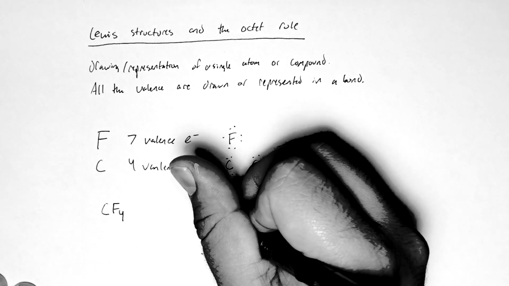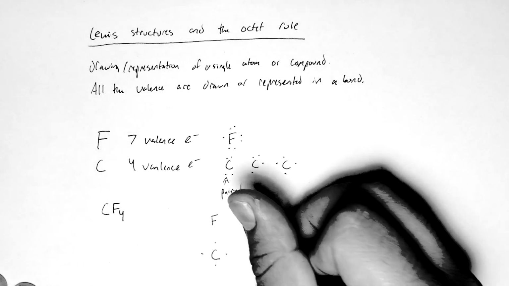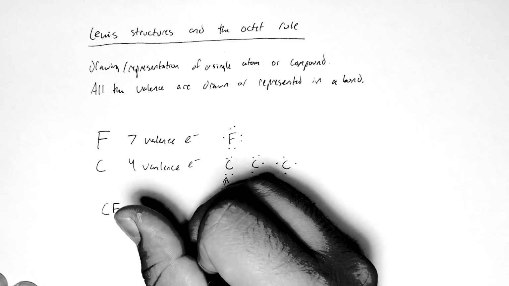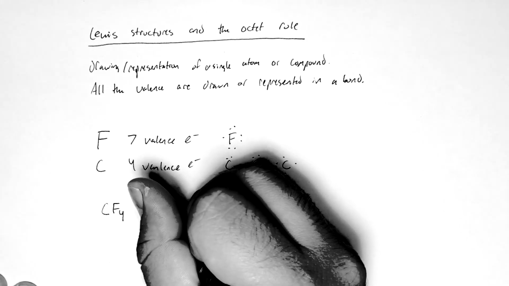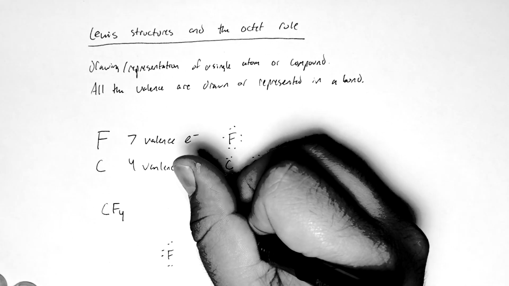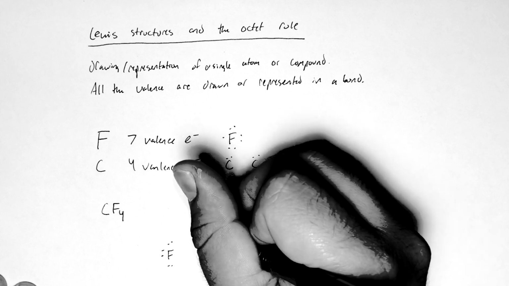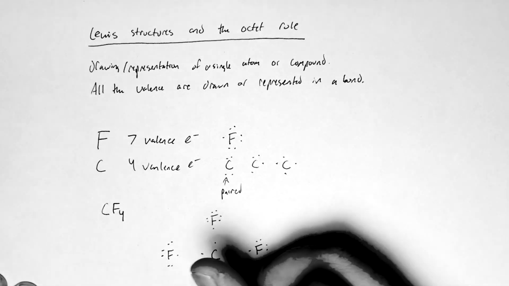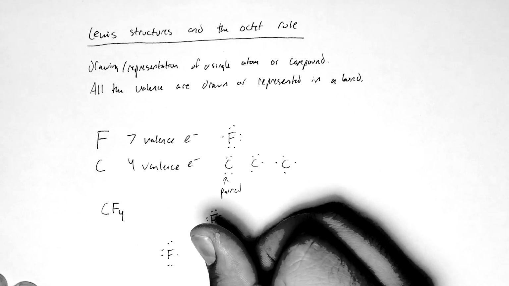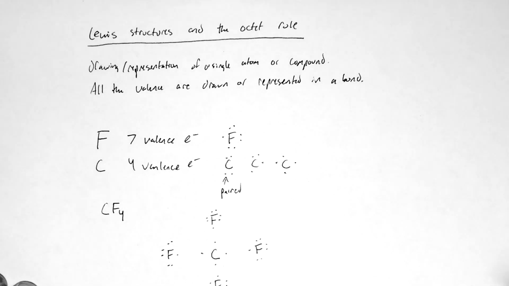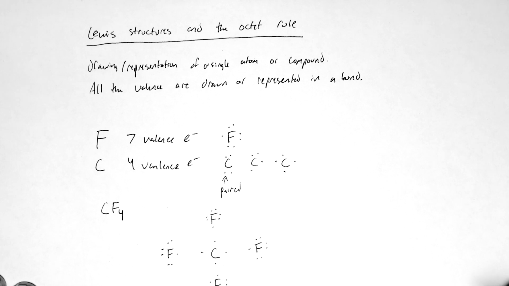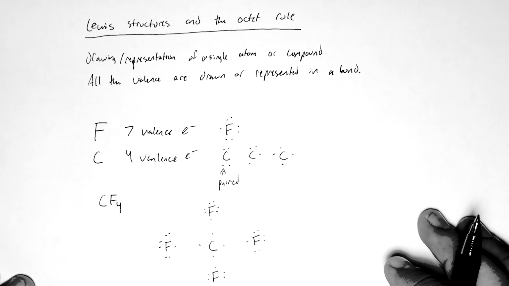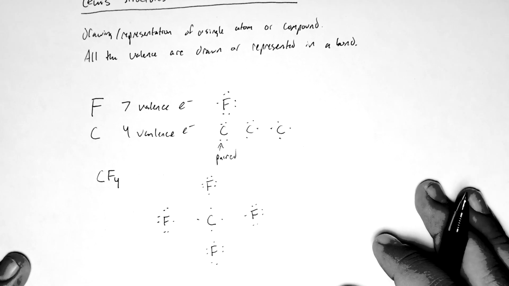Now, let's draw fluorine. 4 fluorines. Alright, so this is how you could be drawing your fluorine molecules. I'm going to scoot this up a little bit.